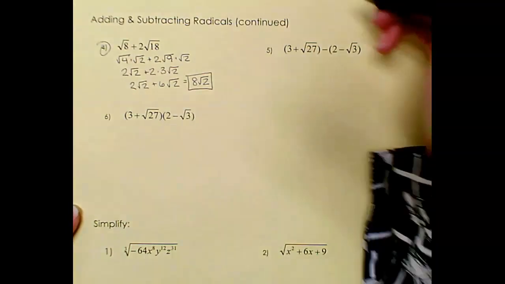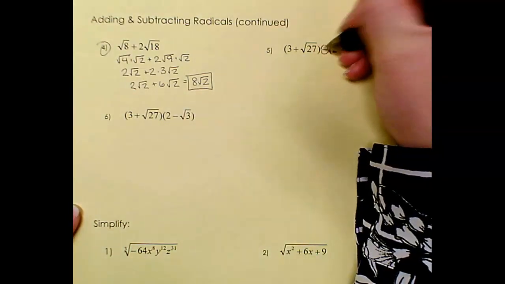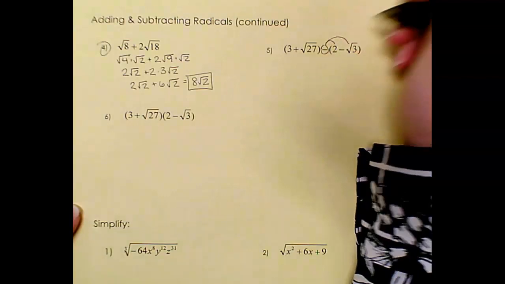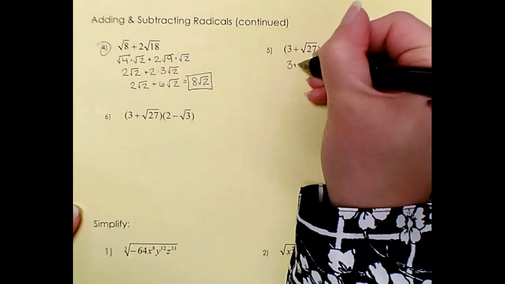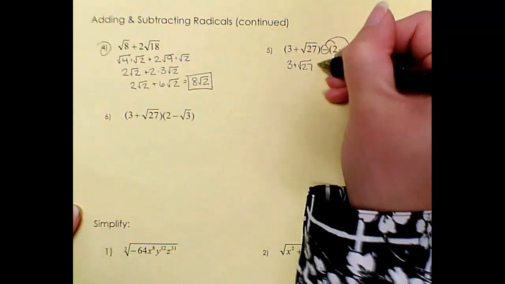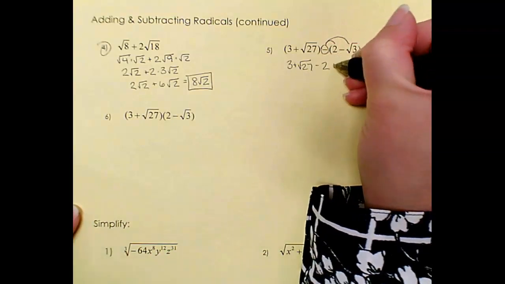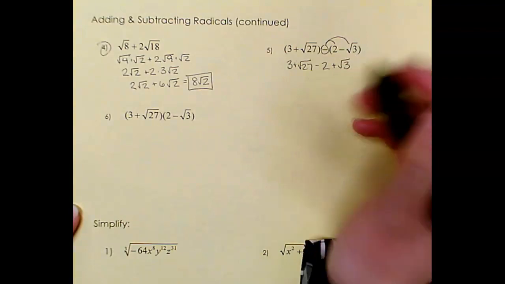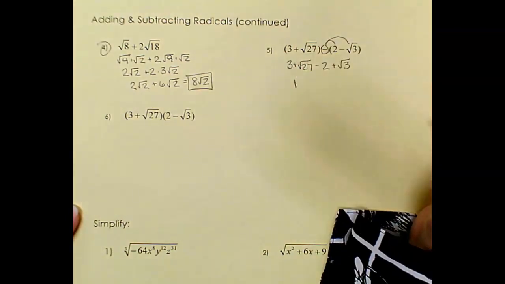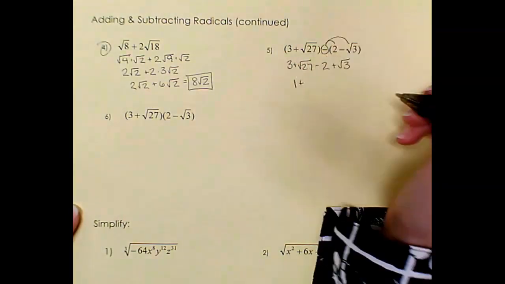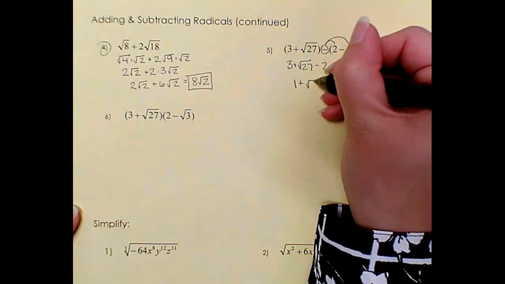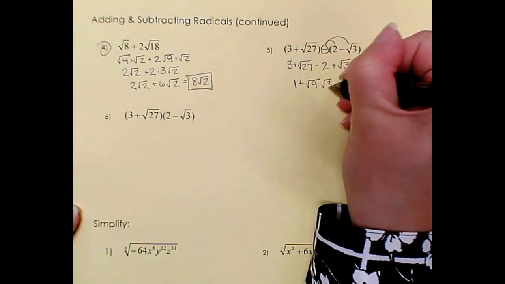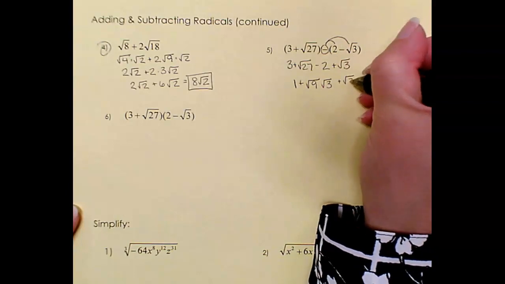Number 5 is not multiplication, but we do have to take the subtraction symbol and distribute. So this is 3 plus the square root of 27 minus 2 plus the square root of 3. 3 minus 2 is 1. We can break up the square root of 27. We can make it the square root of 9 and the square root of 3, plus the square root of 3.